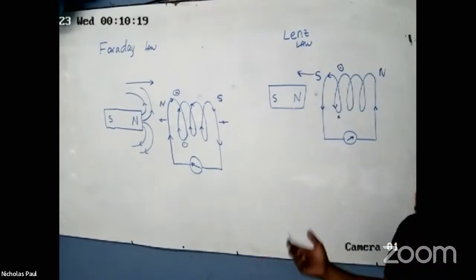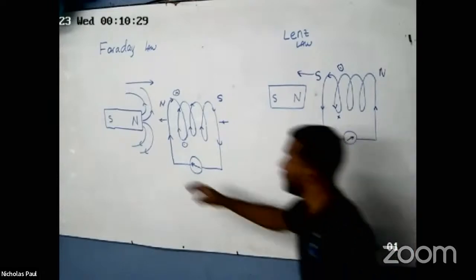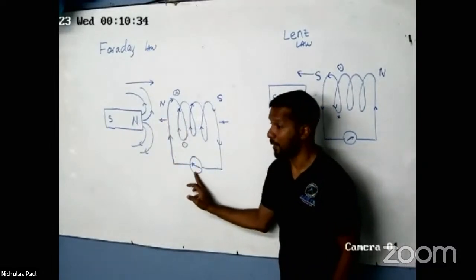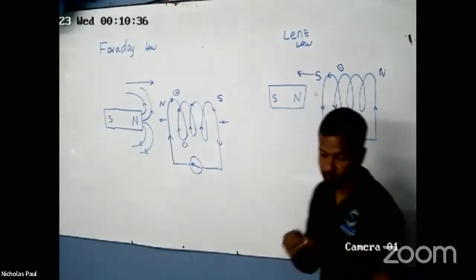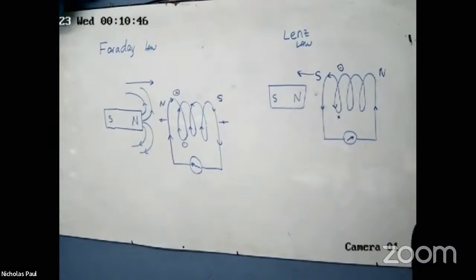Okay? Because it'll be hard for you to memorize this word for word sometimes. Some people can do it, but if you can't, always have a visual image of how it works. The faster this moves in and out, the bigger the current here, right? You might remember that. And number two, Lenz's law.